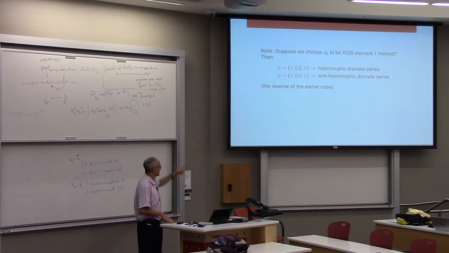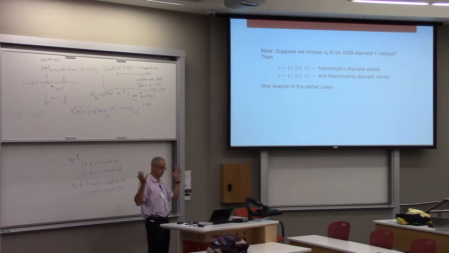Atlas is going to say the k-types of this representation parameterized by 0k0 are something, and that's correct in Atlas's world. And when you choose to call this the holomorphic discrete series, it's going to take the lowest k-type and make it e to the plus ik theta. But outside, until you've made a choice, this distinction isn't made.